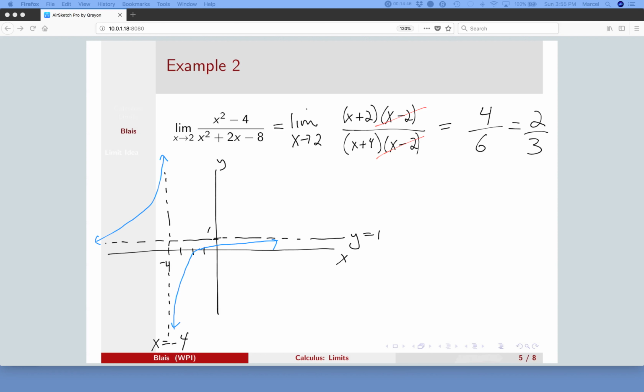Now the catch is, written this way, in the original form, we had a problem at x equals 2. Note that plugging in x equals 2 gave us this 0 in the denominator. And the issue then becomes that here we have a hole in our function.